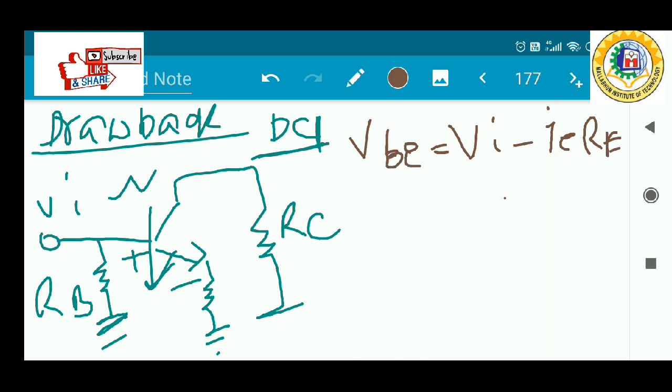This is your VB, this is your IE RE, and this is your VI. So this VI is getting reduced by this value; this VB is actually reduced by this amount.